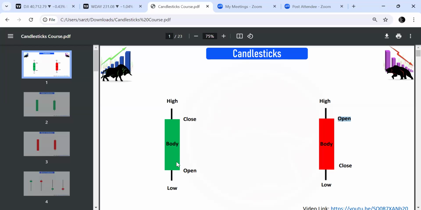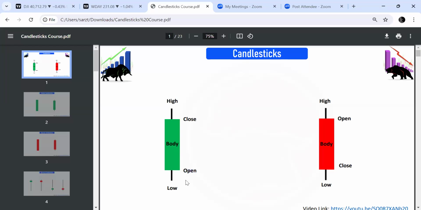What does it mean? Let's say, for example, this stock. Let's think this candle is a daily time frame. It indicates what happened in the stock today. So let's say it opened at 100 rupees, and after opening at 100 rupees, it first went down to 90 rupees.